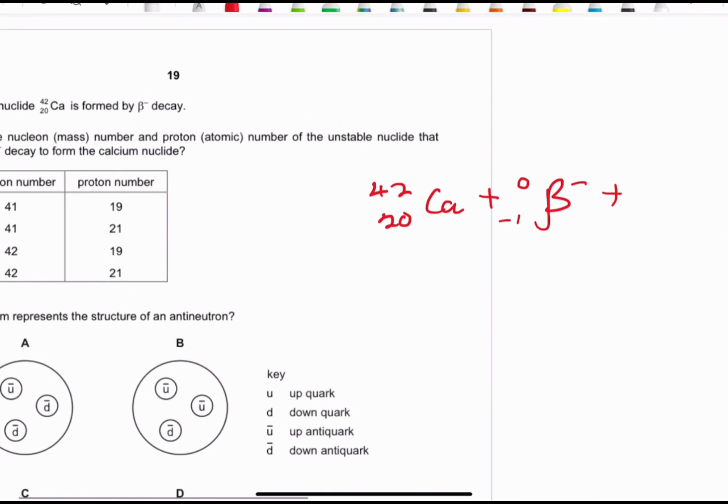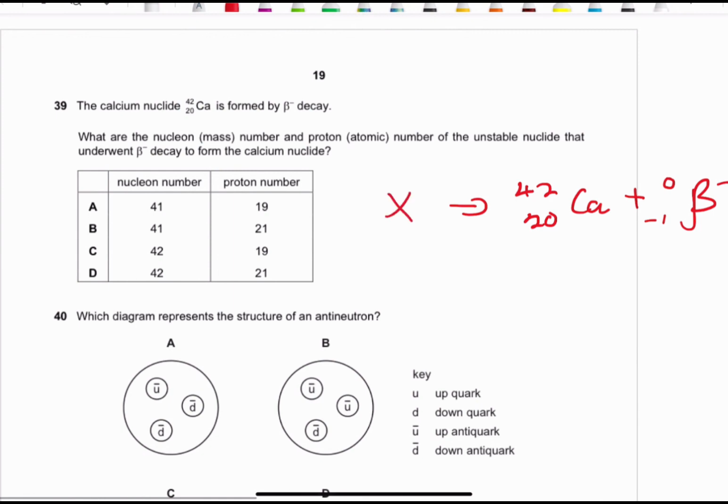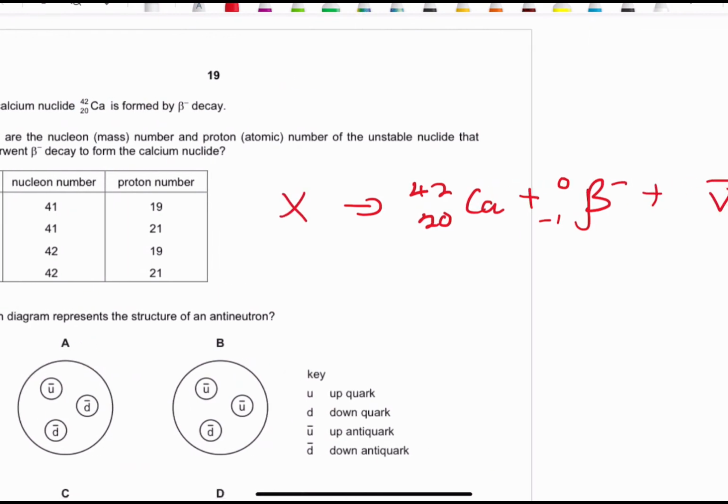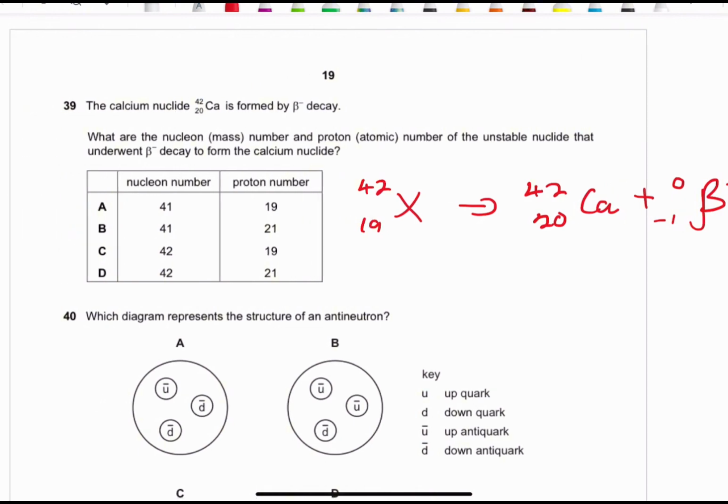Beta negative meaning it emits an electron and an anti-neutrino. So if we're considering this nuclide S, if we add this, an electron anti-neutrino is 0, 0. So it's going to be 42 plus 0, which is going to be 42. Then it's going to be 20 minus 1, which is going to be 19. So it's going to be 19 over there, and 42 over there. So the answer is going to be C, right?